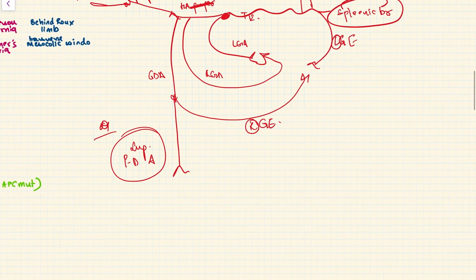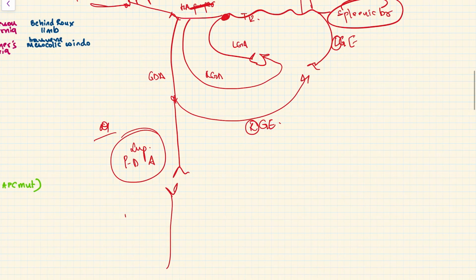Okay. Now from this, remember that inferior pancreaticoduodenal artery, this is a branch of superior mesenteric artery. Okay. Superior mesenteric artery arises at the level of L1 and inferior mesenteric artery arises at the level of L3.